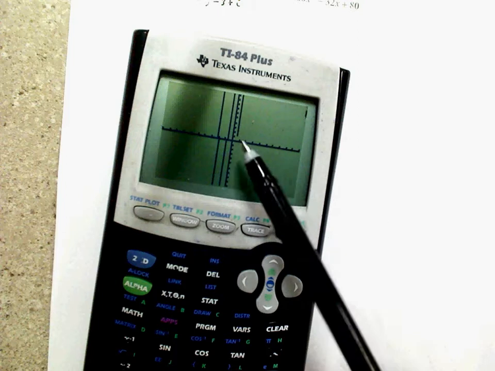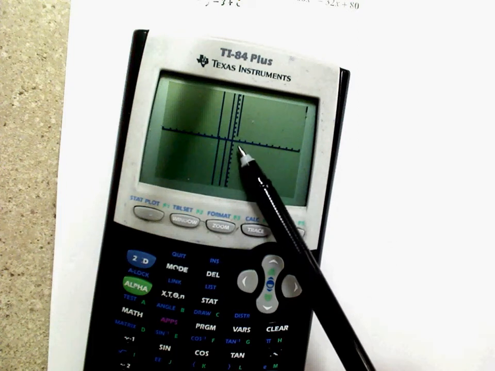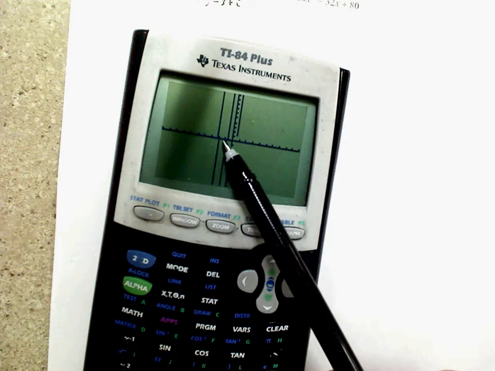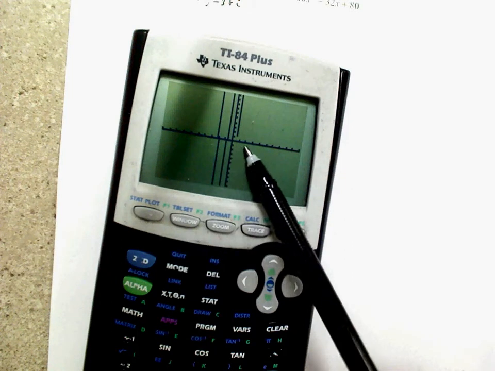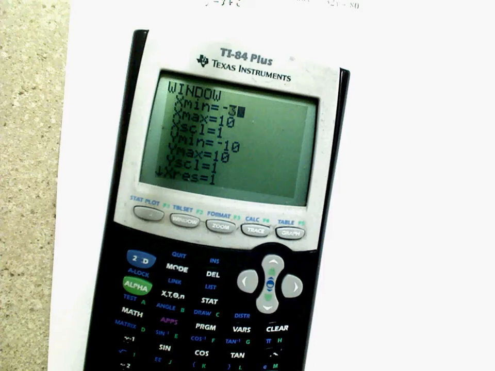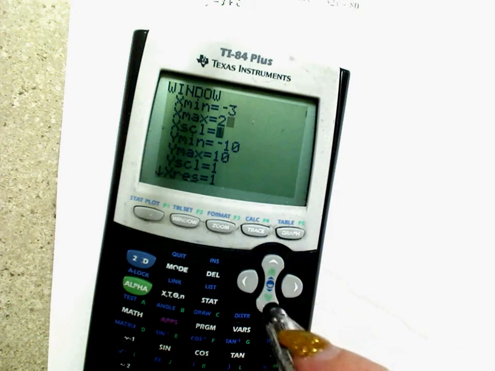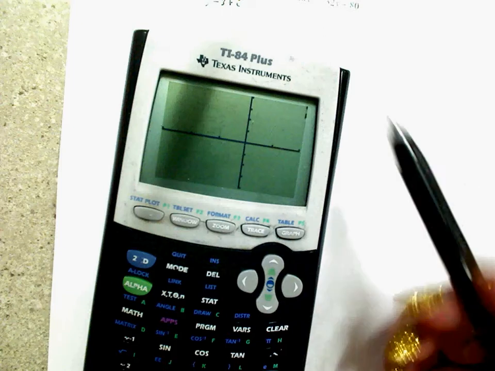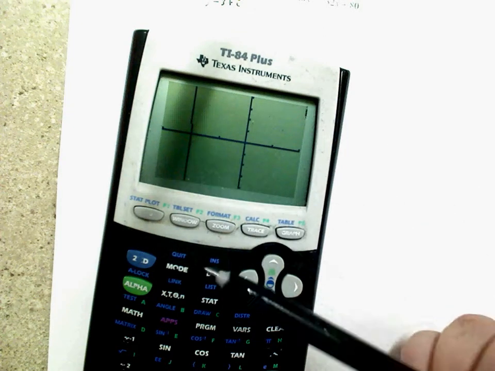Alrighty then. So I think what I'm going to do is zoom in around what's happening here. I'm going to go from negative 3 to 2, and I'm going to go negative 4 to 4, just zoom in on the y or x-axis, see what happens. Okay, that one looks like negative 2 for sure.